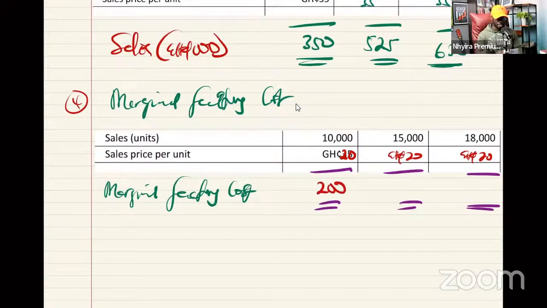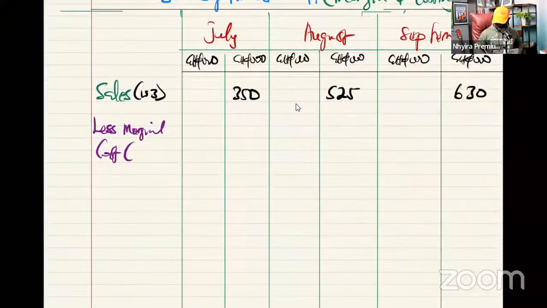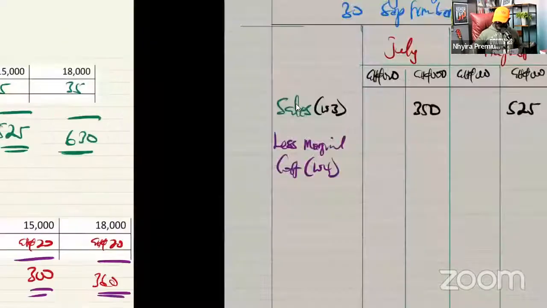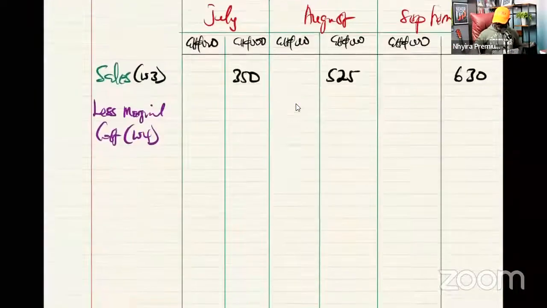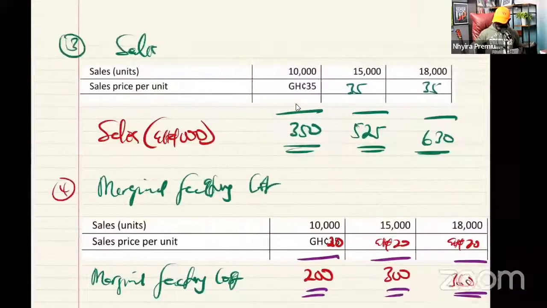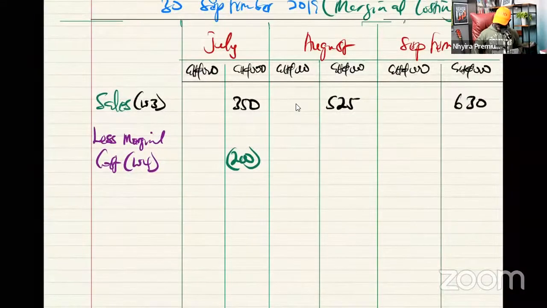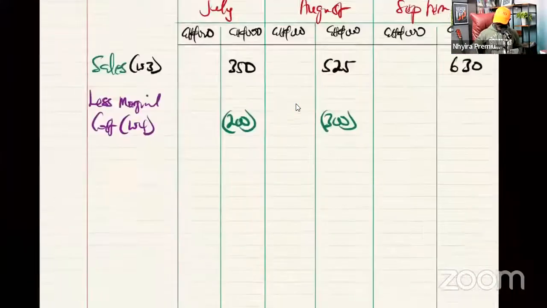So this is going to be 200 generally. And then we're going to be having 300 here, then 360 here. So that is our marginal cost from workings 4: 200, 300, and then 360.